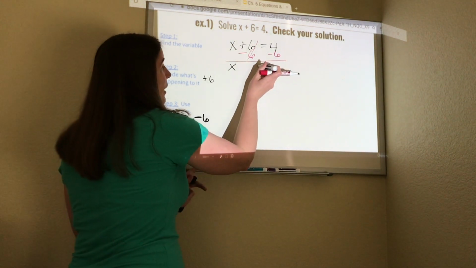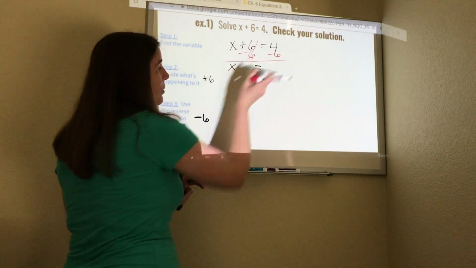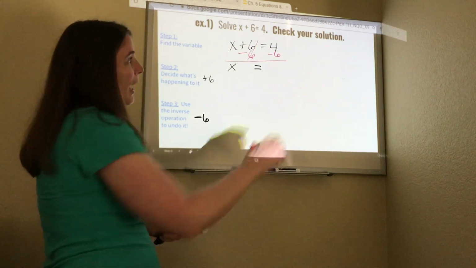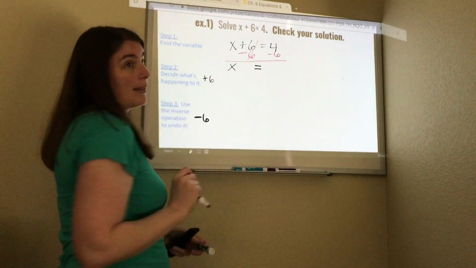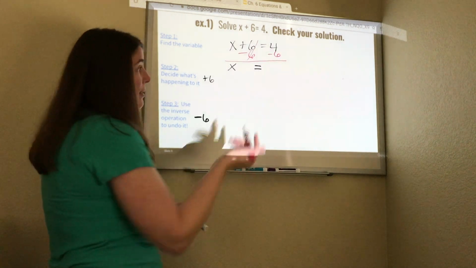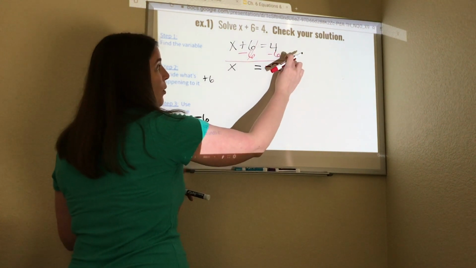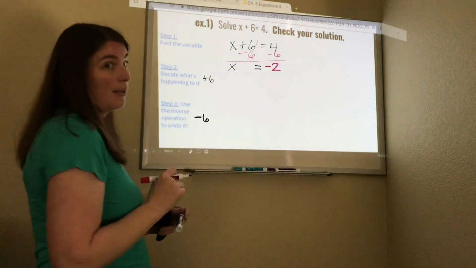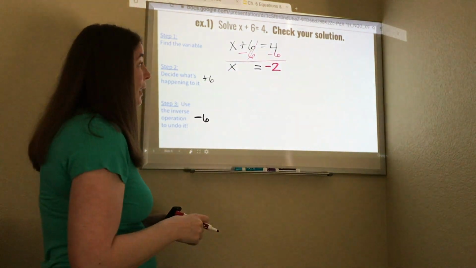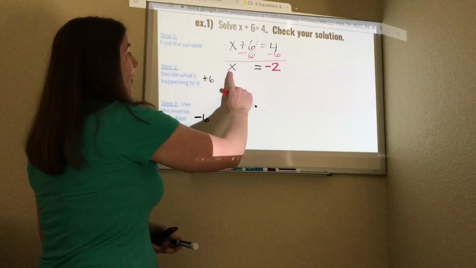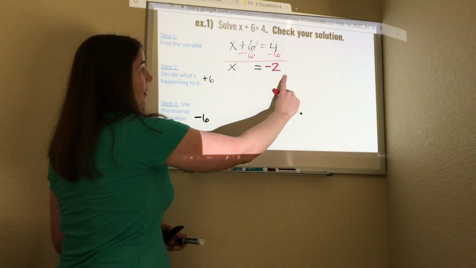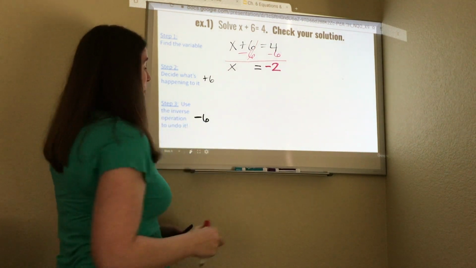Then I keep my equal sign nice and lined up, and I do 4 minus 6. 4 minus 6 is negative 2. There are more negatives than positives, so you will be going into the negative side. So my solution is x equals negative 2.